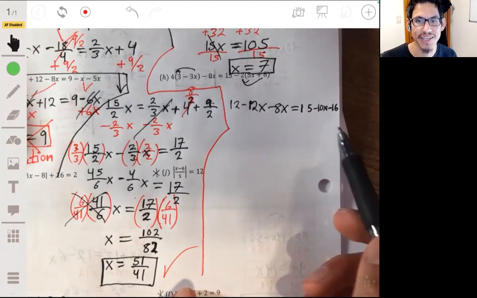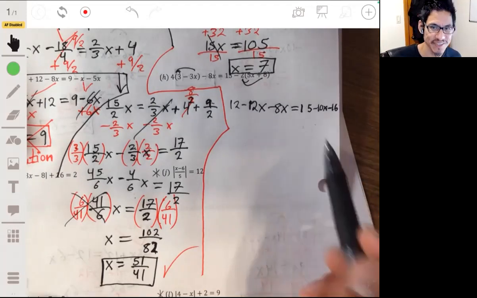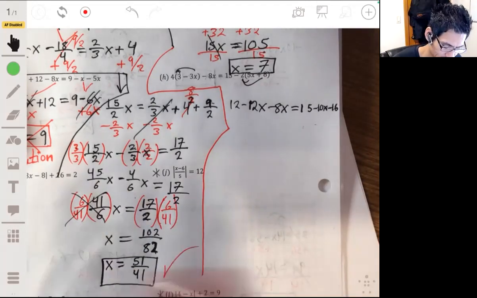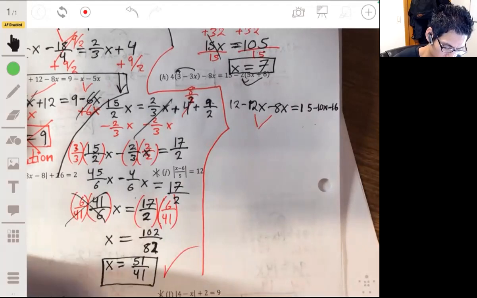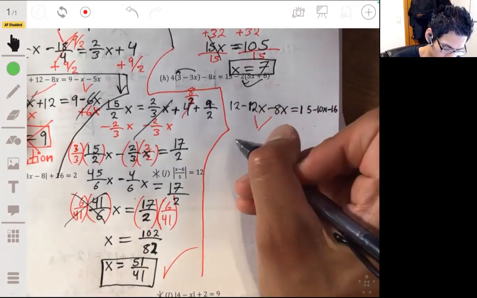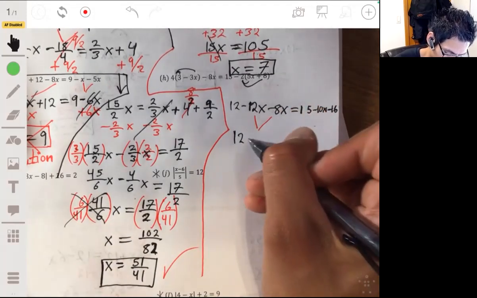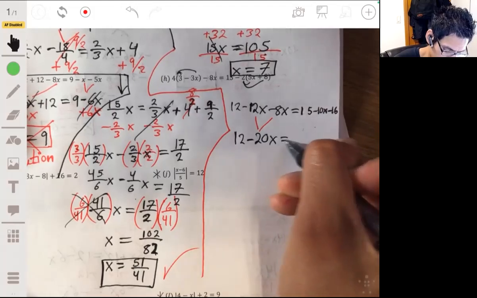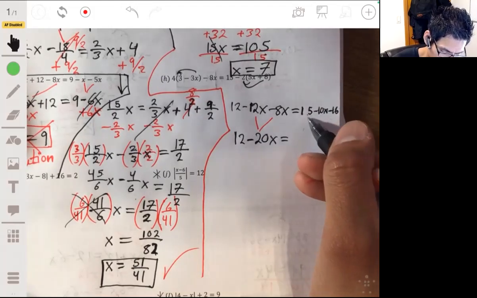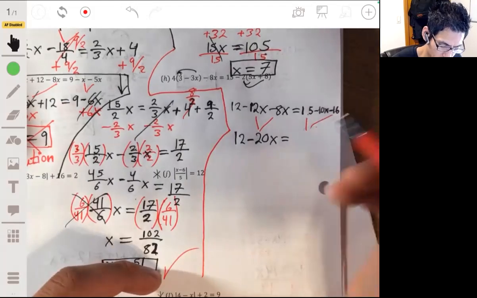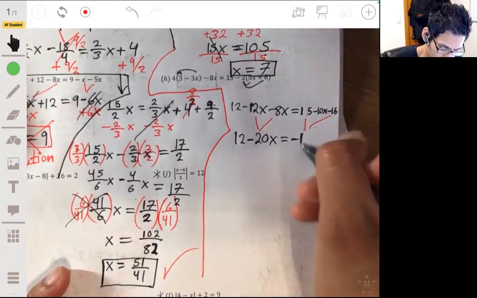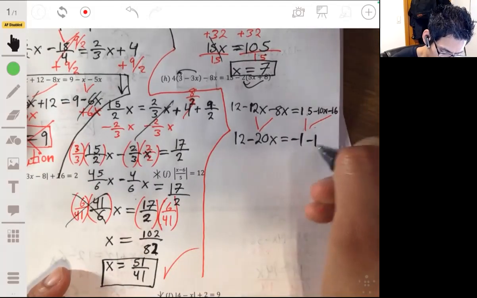I can barely see that. I guess it fits. I hate squeezing stuff like that in, but whatever. 12 minus 20x equals 15 and the minus 16 make a minus 1. Drop the minus 10x.